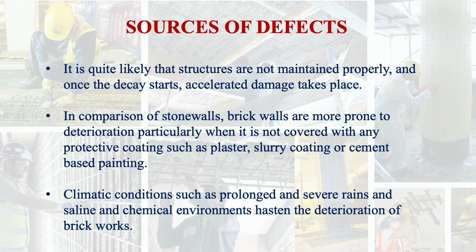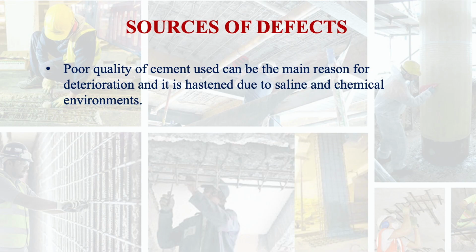Climate conditions such as prolonged and severe rain and saline and chemical environments hasten the deterioration of brickwork. Poor quality of cement used can be the main reason for deterioration, and it is hastened by saline and chemical environments.